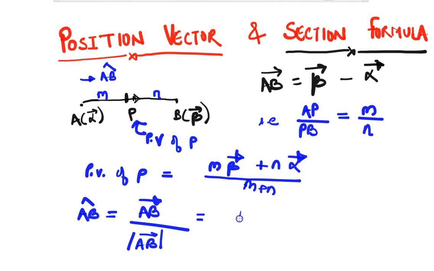It's beta vector minus alpha vector upon AB, which is nothing but AP plus PB, right?